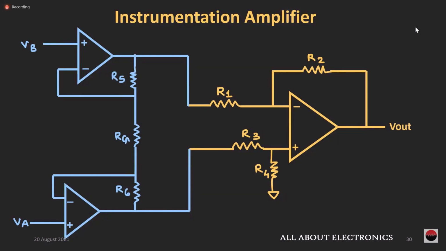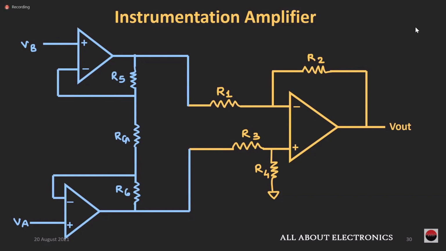Then what is the use of instrumentation amplifier? So instrumentation amplifier will work as an amplifier first, but it will amplify very small signals. It will receive as input very small signals, and it will amplify those small signals into larger voltage signals. That is the use of instrumentation amplifier.